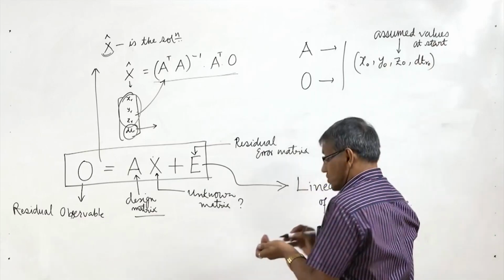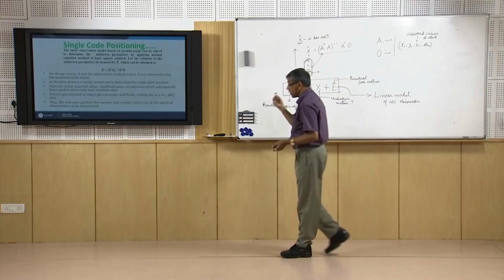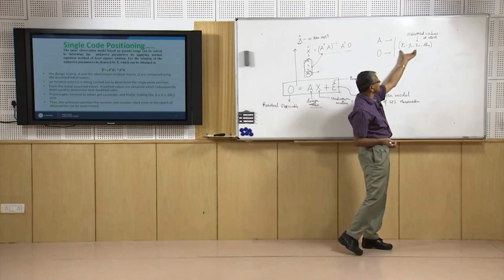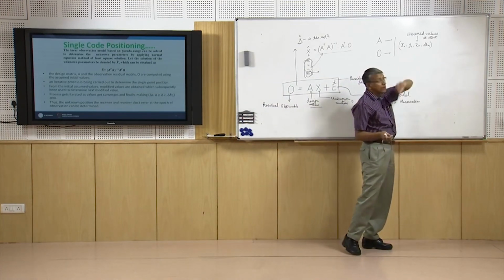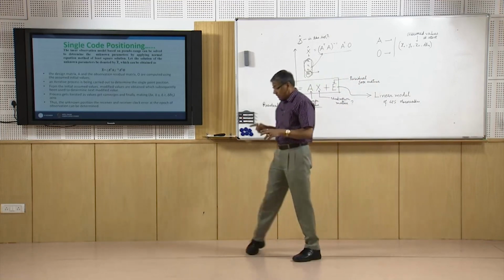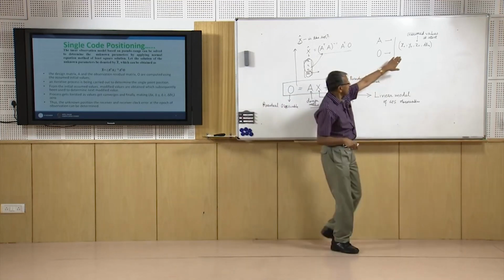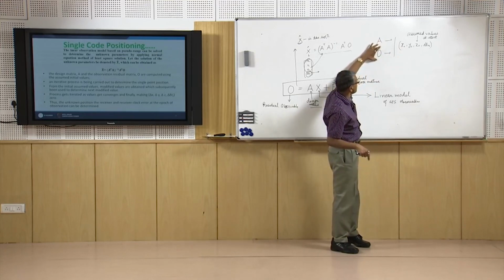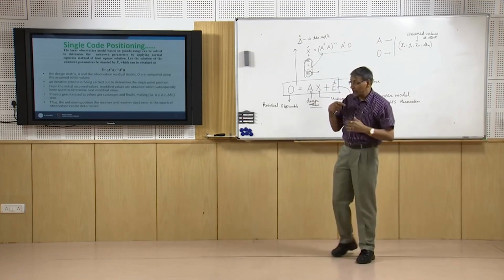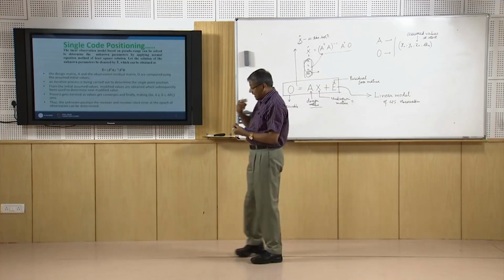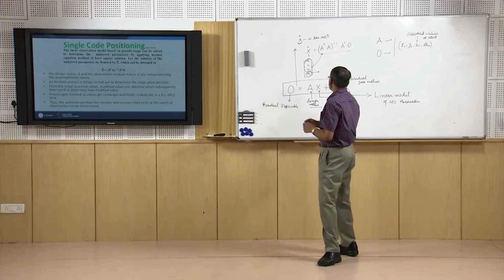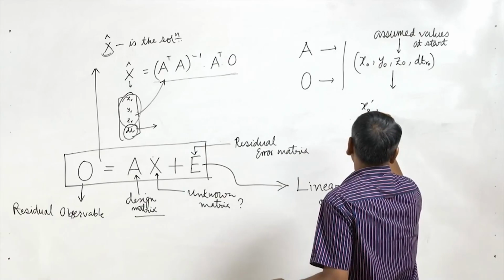That means, to start with computations or processing, we need to assume some value for the position and the receiver clock error. On the basis of that, the design matrix value as well as residual observable value we will get, and that will help in getting new values of the position.